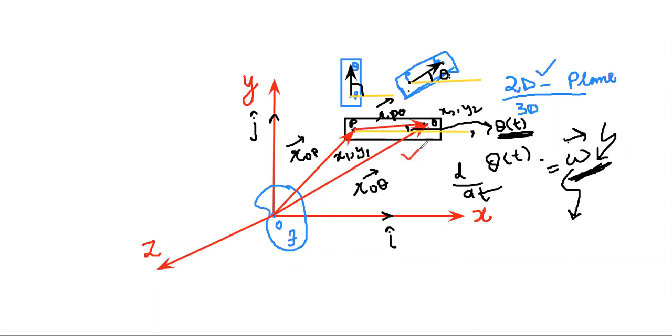In a two-dimensional motion, only two coordinates of the particles of a rigid body are changing, while the third coordinate remains constant. But if all three coordinates are changing, then the motion of the body is three-dimensional. First we'll begin with two-dimensional motion, then onwards we'll begin with three-dimensional motion.